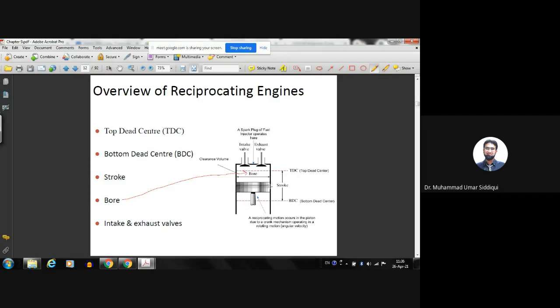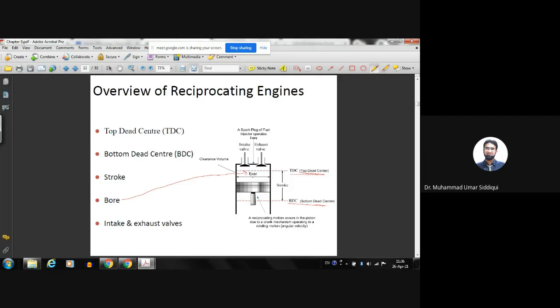Then whenever you have a piston cylinder device, within the cylinder the piston has a topmost position and a bottommost position. The topmost position till which the piston can reach is known as the top dead center, and the bottommost position is known as the bottom dead center. And the piston actually moves between the top dead center and the bottom dead center.